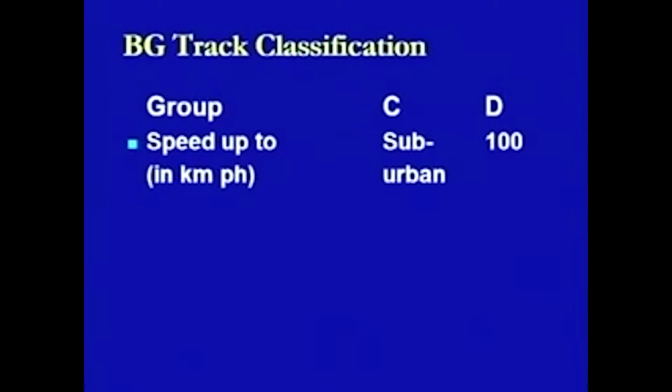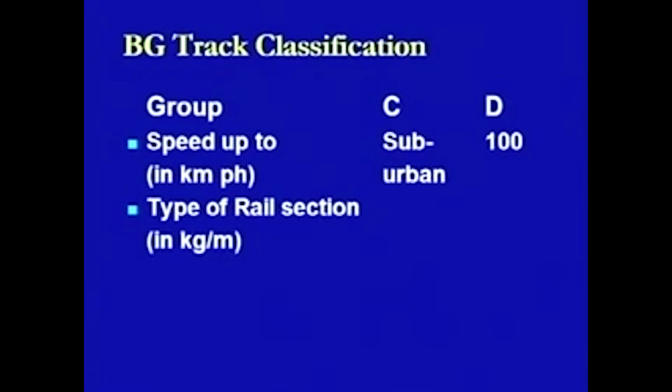In the case of the D category of the broad gauge track classification, the speeds are restricted to 100 kilometers per hour.